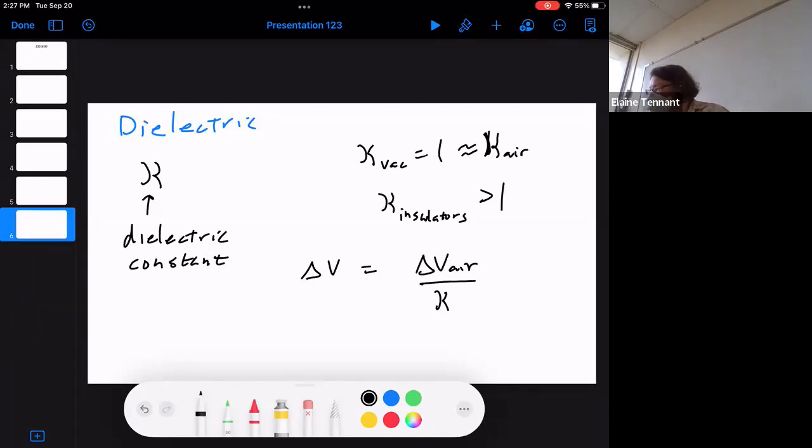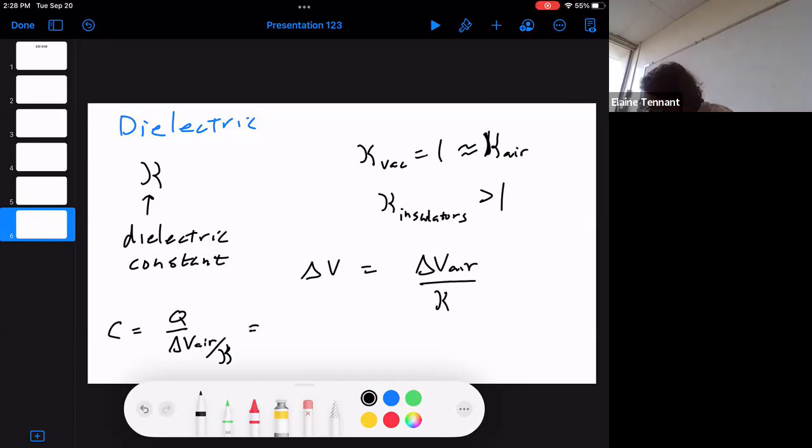Okay, cool. What that gives you is now your capacitance, which was Q over delta V in air, is now Q over delta V in air divided by kappa.